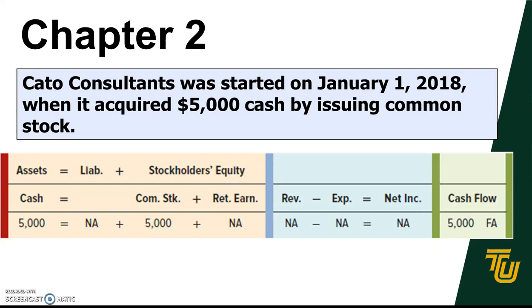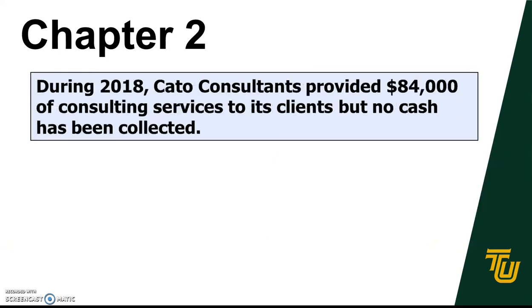Okay, hopefully a familiar transaction. Let's take a look at a new transaction. This transaction doesn't sound like anything that we saw in Chapter 1, but close. During 2018, Cato Consultants provided $84,000 of consulting services to its clients, but no cash had been collected. So it's telling us that cash was not impacted.